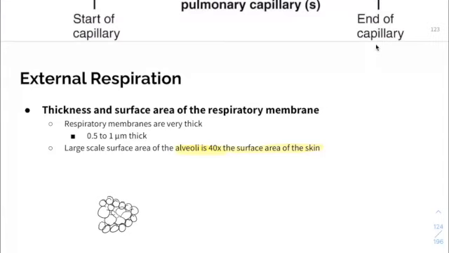That creates a huge surface area. That allows for a lot of oxygen and carbon dioxide exchange. That is what we want.